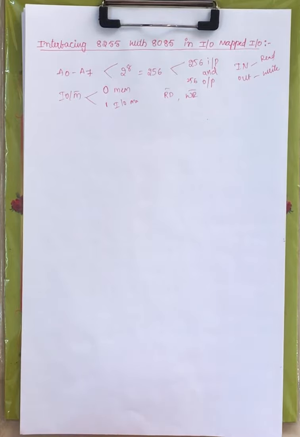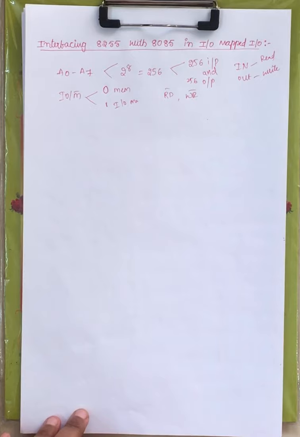You are using 8 address lines, that means 2 power 8 addresses can be generated. Now 256 input and 256 output devices can be addressed using those generated addresses, and those can be connected to your 8085 microprocessor. Here we are using IN and OUT instructions. In order to read the data we use the IN instruction, and in order to write the data we use the OUT instruction.